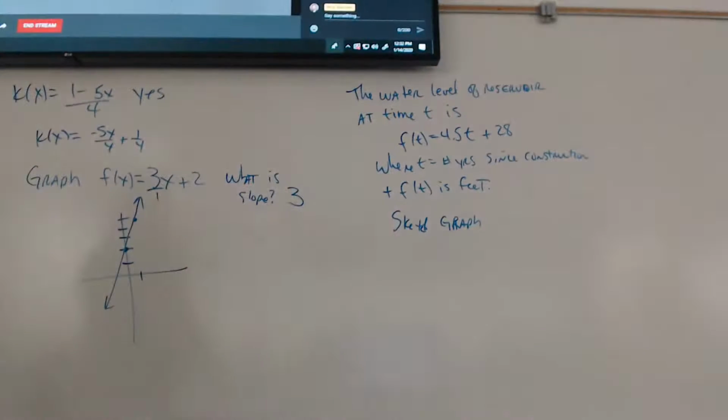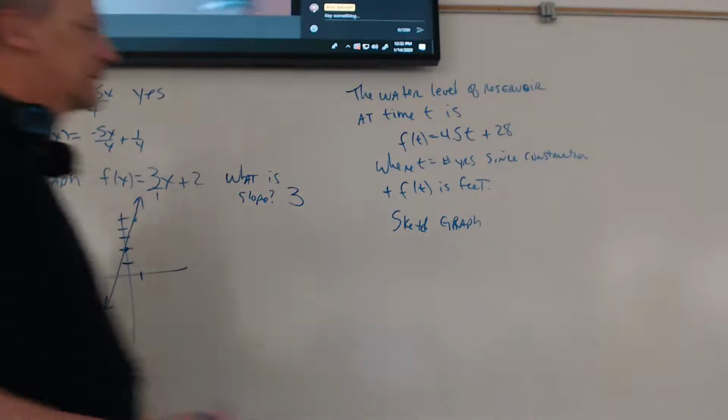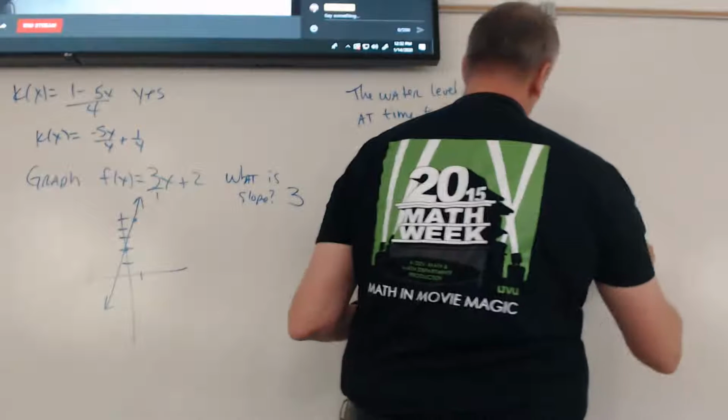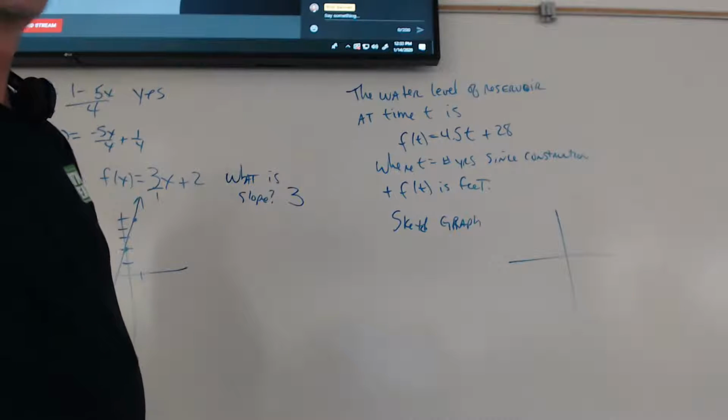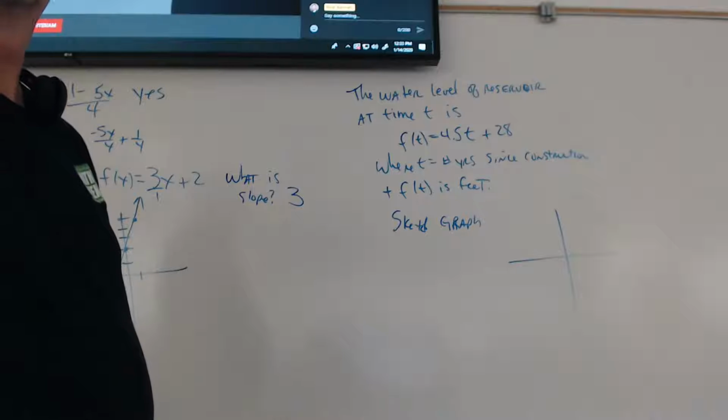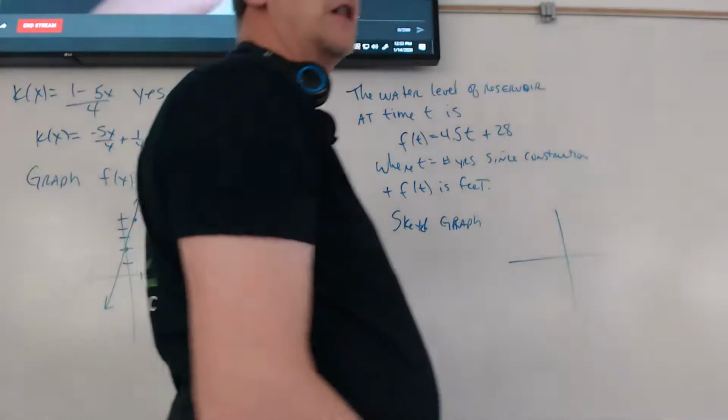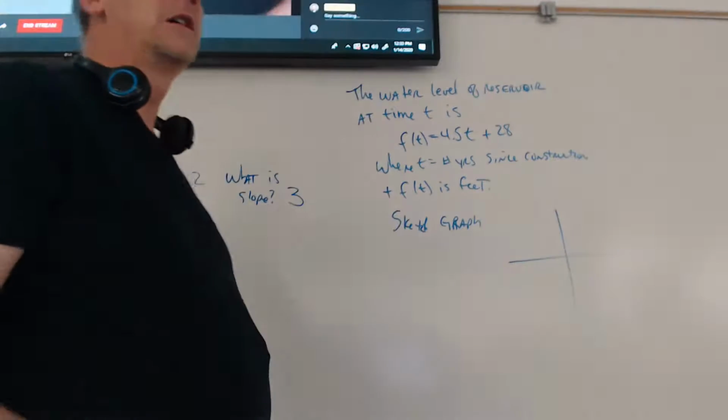Let's do that. It must be Demi's turn. How do you do that? So you put your graph first. You would go up to 28.